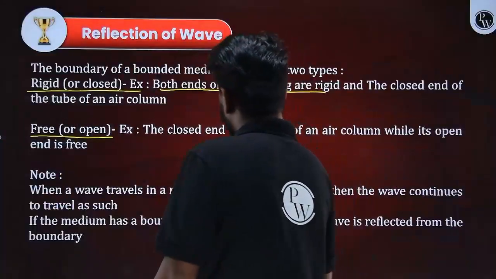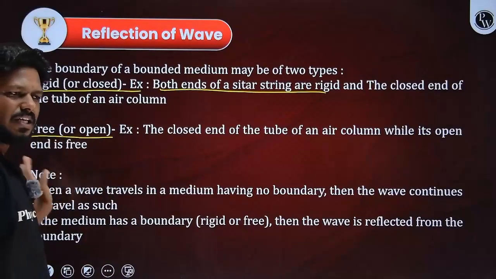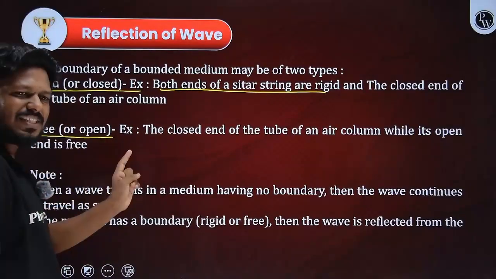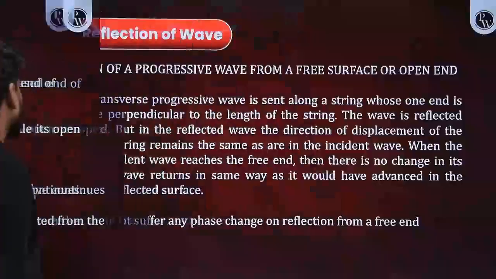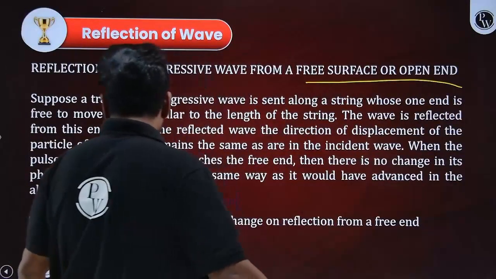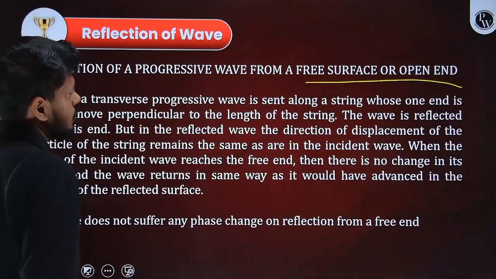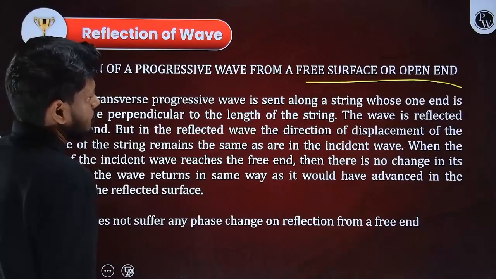So I have taught you what is rigid and open or free surface. When one end is fixed, another is open. That is what open surface means. So, reflection of a progressive wave at an open surface.